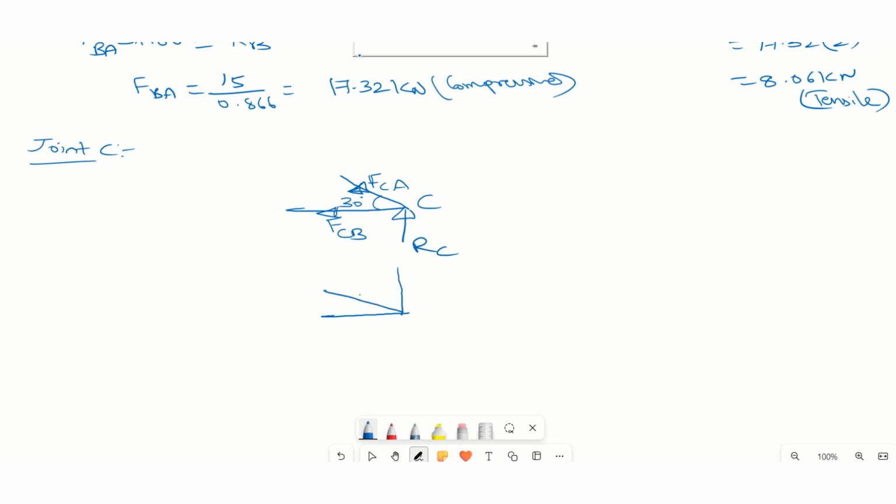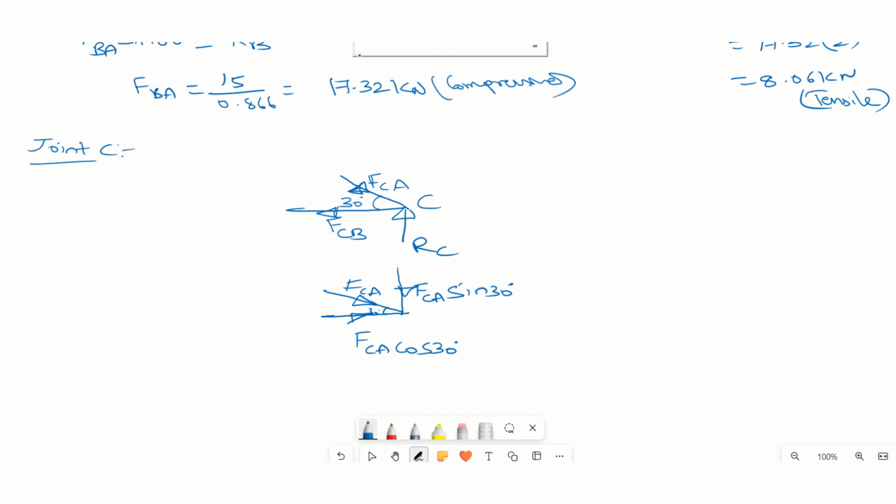Our assumption is that the inclined member is towards the joint, so the respective components are also towards the joint. This is FCA sin 30 and this is FCA cos 30, because the angle coincides with the horizontal. So the horizontal component is cos, and the vertical component is sin.